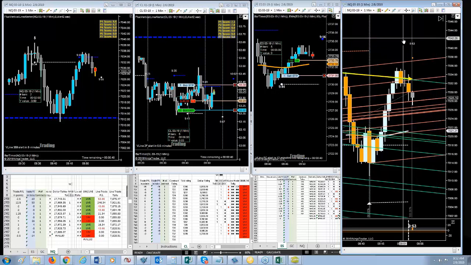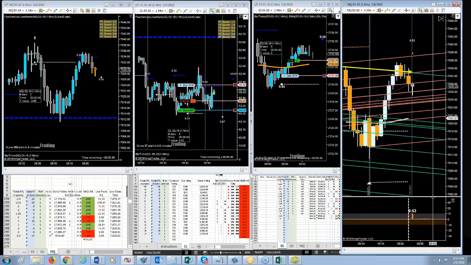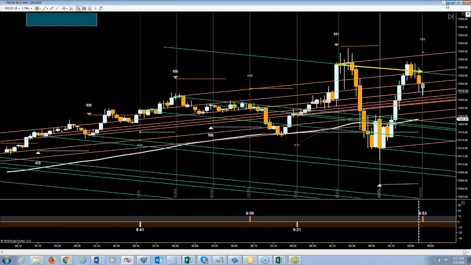$9.53 coming on the NQ. We have not had a white penetration yet.